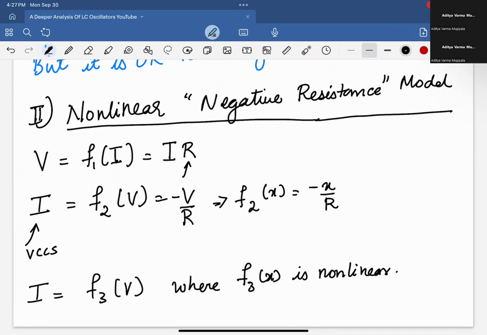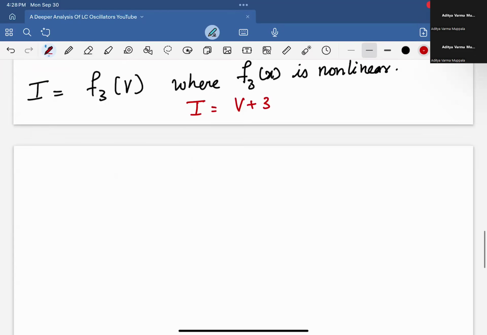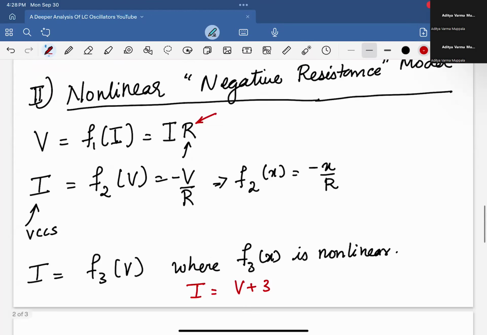A trivial example of that would be if I is equal to V plus 3. This is actually not linear. You can try superposition for this and it doesn't work. But in this case, there's no meaning to say that there's a resistance here, because the resistance is only applicable when you have a linear model. And that's why I say negative resistance in quotes. It's essentially a nonlinear voltage controlled current source. That's the right way to think of it.